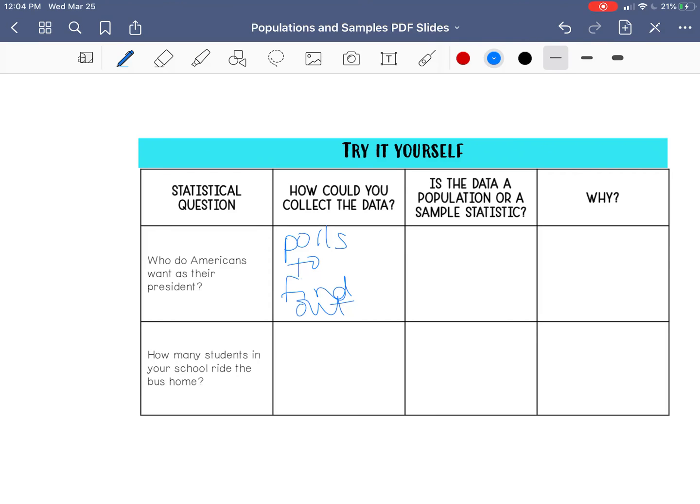Unfortunately, not every American can vote, and everyone doesn't always come out to vote. So that's going to be a sample statistic because the Americans that actually come out and vote are just a subset of the entire population of Americans. And how do I know that? Because everyone doesn't vote.